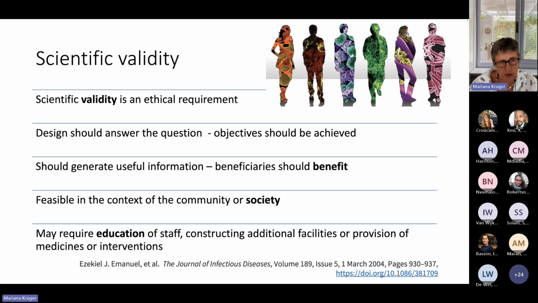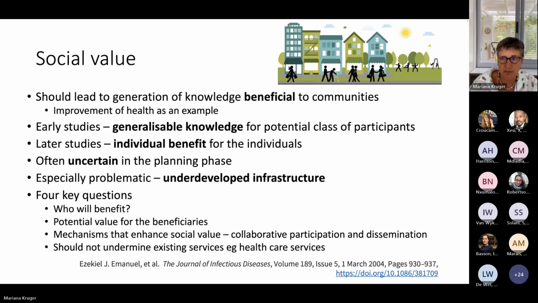So one has to look in the protocol at all these issues for scientific validity. Then it must be of social value. So whatever new knowledge we're going to generate should be beneficial to the communities. And as I'm in medicine or healthcare, it should lead to improvement of health, as an example.